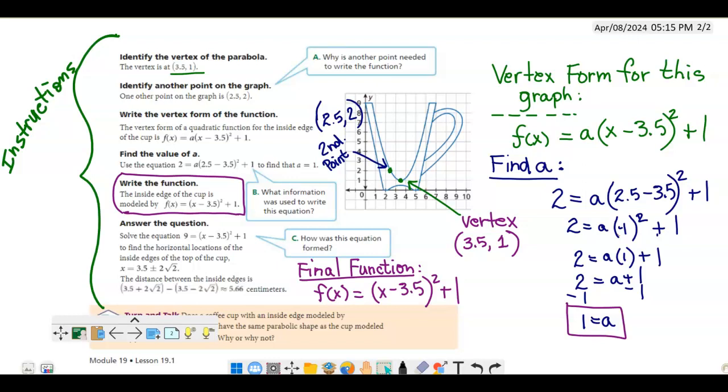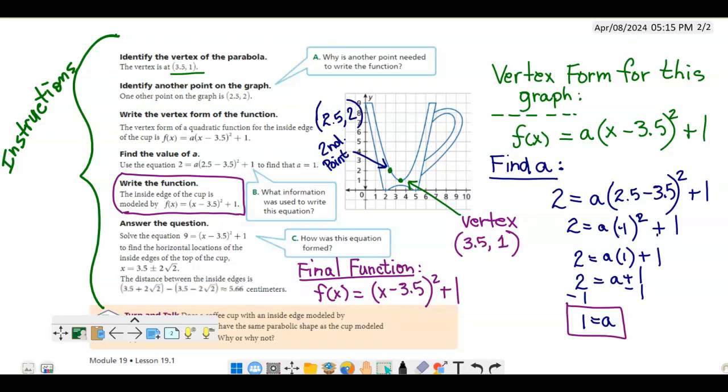Remember that the beginning of 19.1 taught you what the transformations are on quadratic functions, and also taught you vertex form, what it looks like, and how to read a graph and identify the transformations.